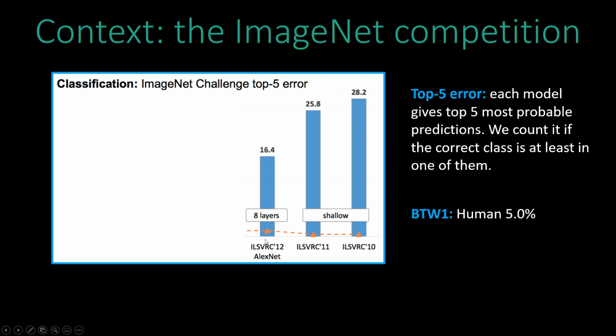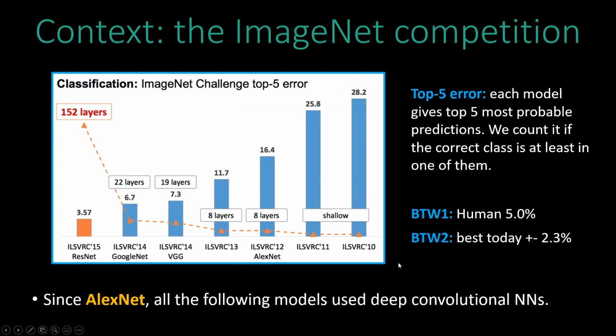The AlexNet model was the first one which used convolutional neural networks on a dataset this large, and ever since then, all of the later models were also deep convolutional neural networks. So this work is a wake-up call for the whole machine learning field, that these deep convolutional neural networks work very well on various types of data, and that they can reduce the errors that people were getting with other methods before.